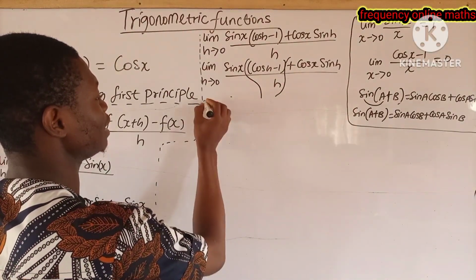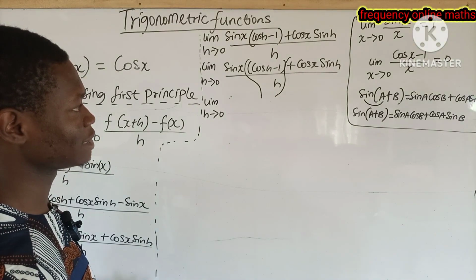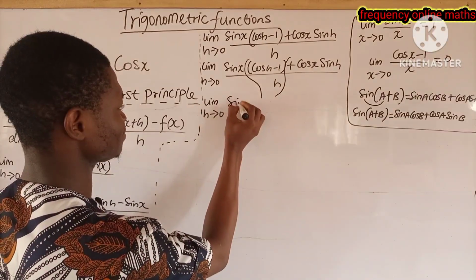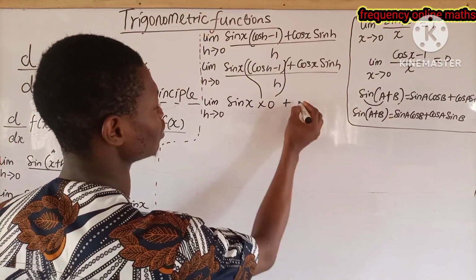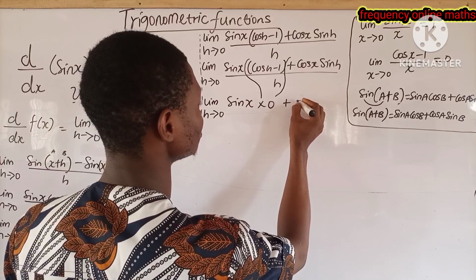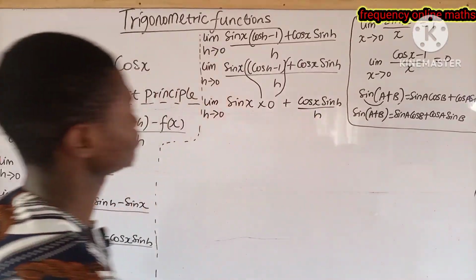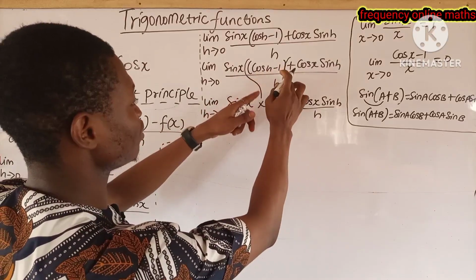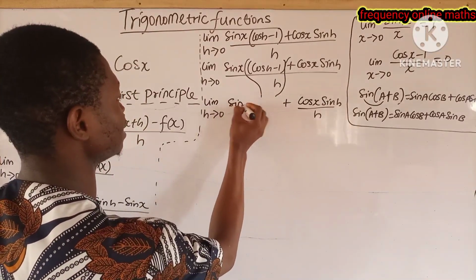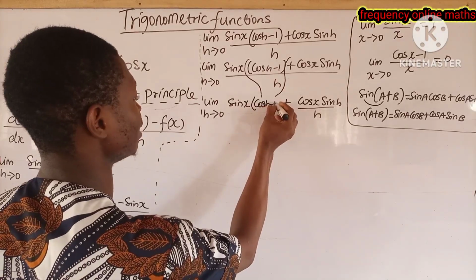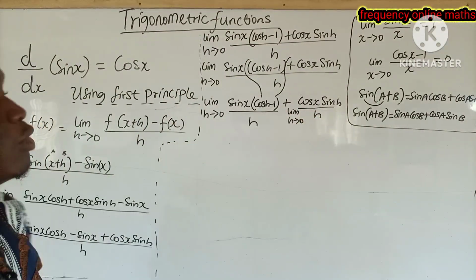So we have sine x times the limit of cos h minus 1 all over h, as h still approaches 0, plus cos x times sine h all over h.